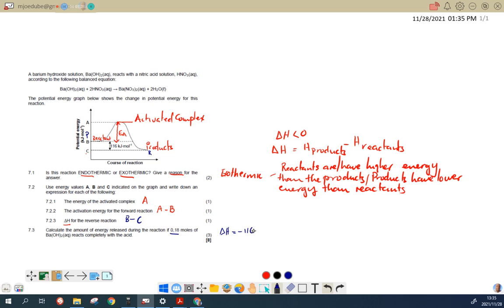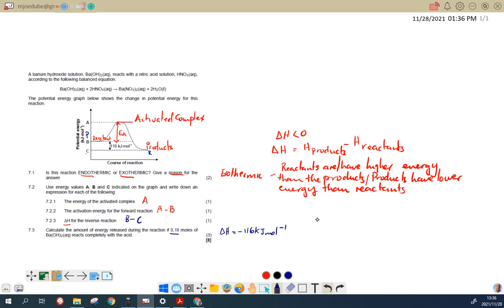However, that is per mole. In this particular case, you do not have 1 mole of energy that is going to be produced, because you're not reacting 1 mole, but a fraction of a mole. So therefore, the total amount of energy that's going to be produced is also going to be a fraction.